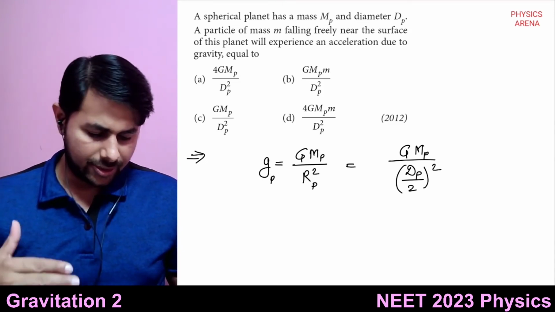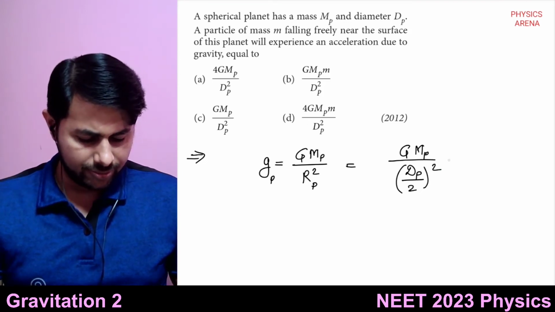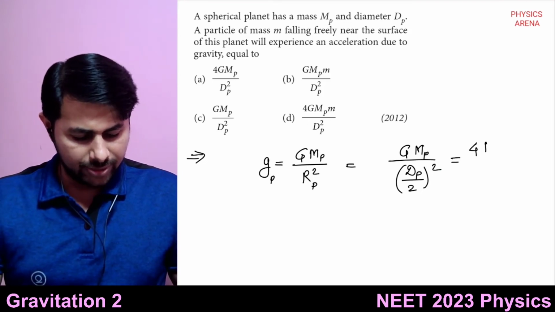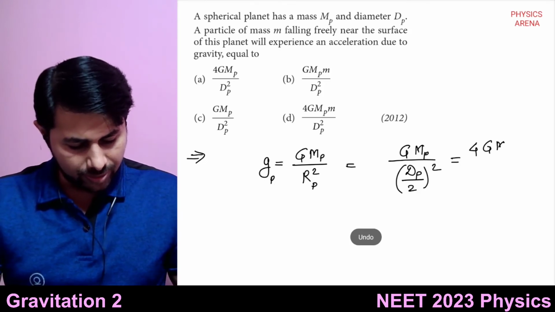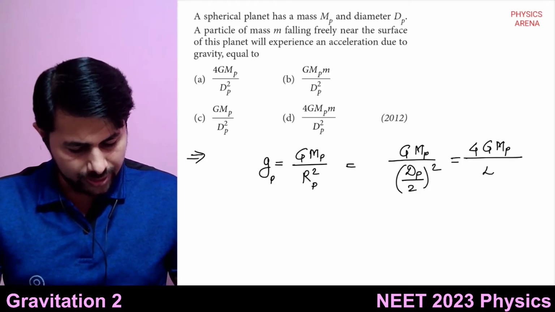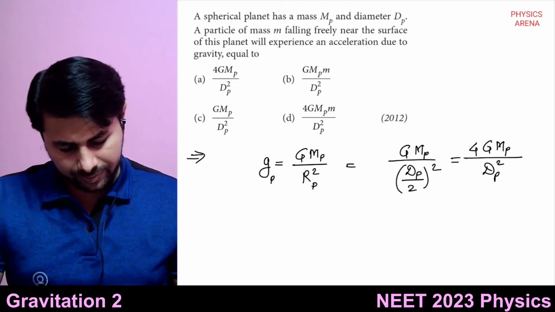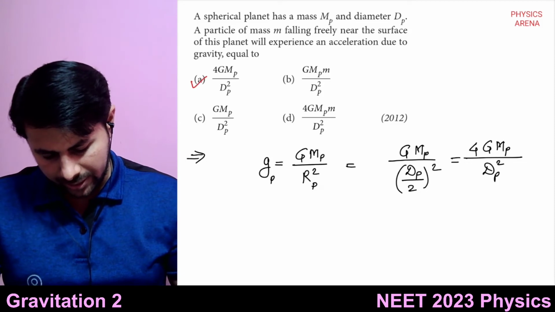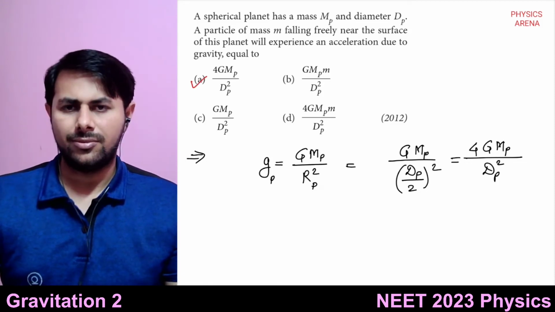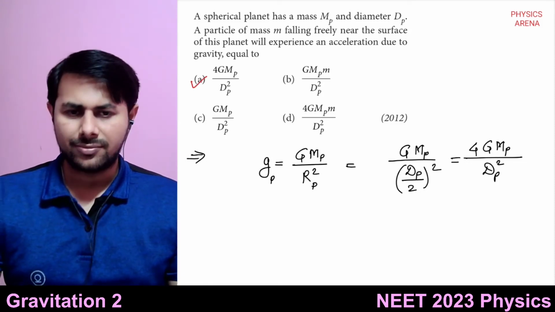And that 2 square will go to the numerator. So you can say it is 4 times G multiplied by mass of the planet upon Dp square. So it's option A, right? This is very simple.